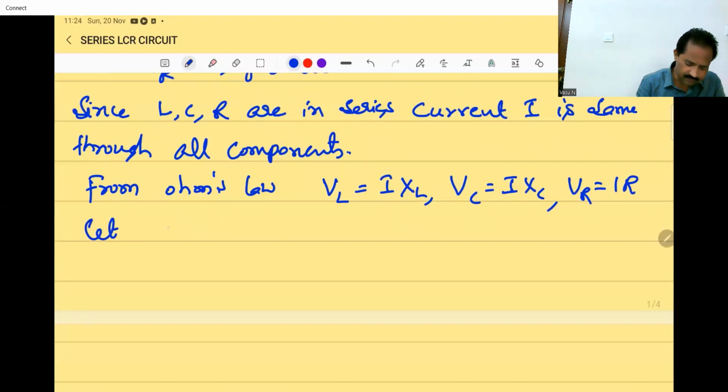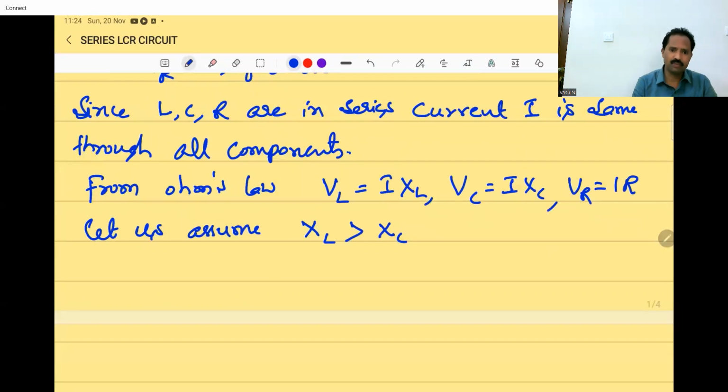Let us assume inductive reactance is greater than capacitive reactance. Let us assume XL is greater than XC. Fine. Keeping all this in your mind, let me explain how the phasor diagram is constructed.